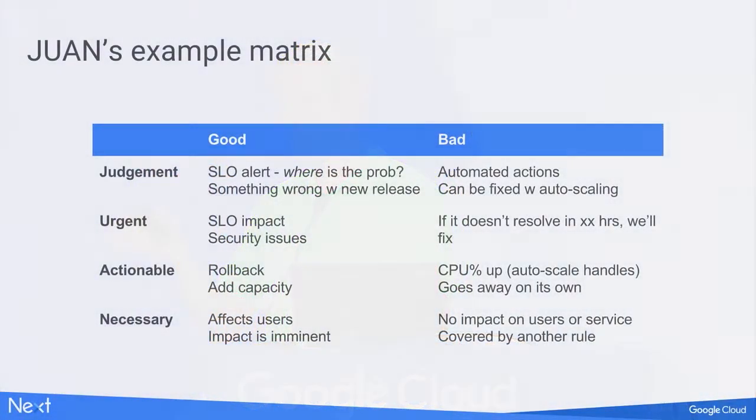So let's look at JUAN's example matrix. So we talked about why, but let's take a few examples for each of the 4 tests. So first of all, judgment. Good judgment is when there's an SLO alert, right? You have to determine where the problem is, or there's some rollout, and you have to determine if the release is good, or maybe you have to roll back the release.